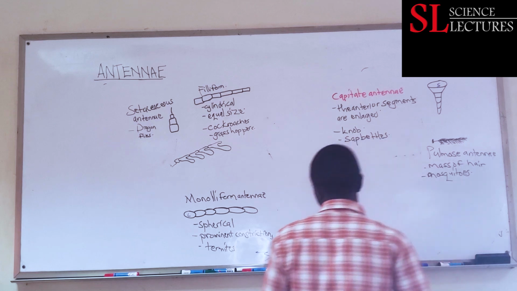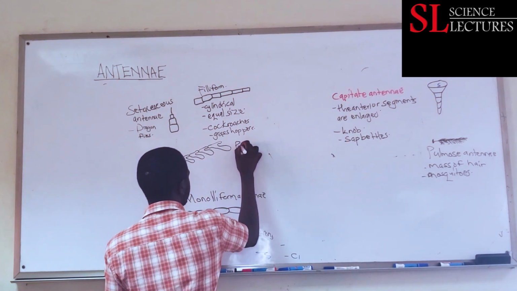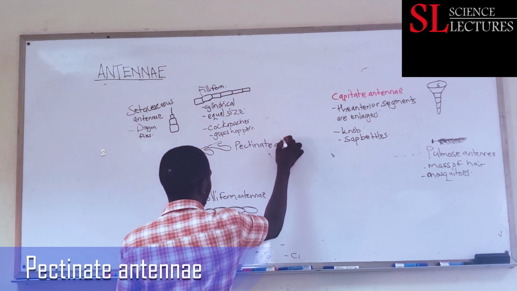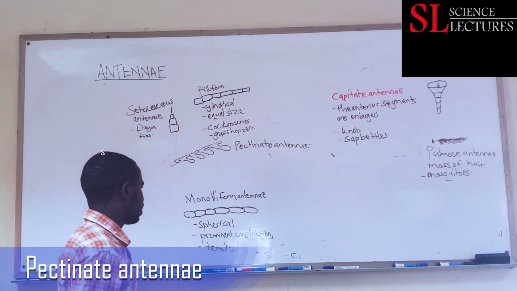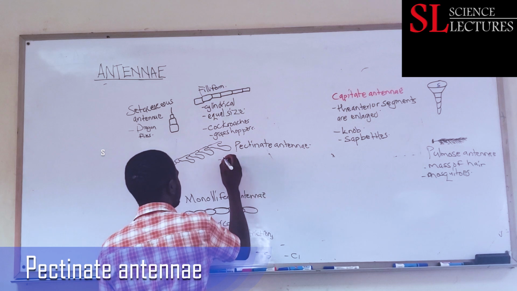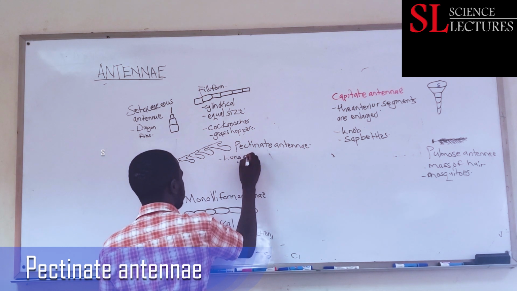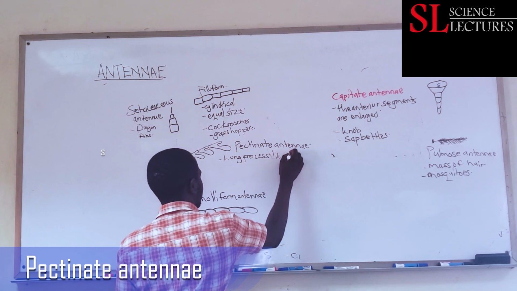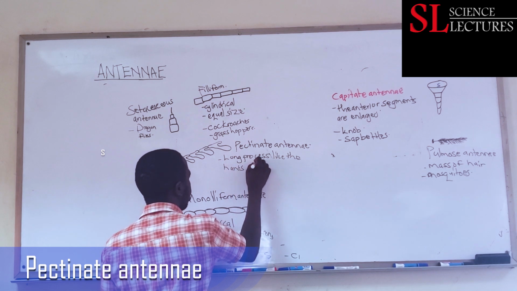Lastly, I want us to look at what they call pectinate antennae. Pectinate antennae is where you find that the segments are modified to form long processes like the teeth of a comb.